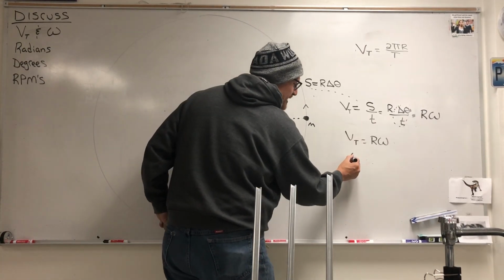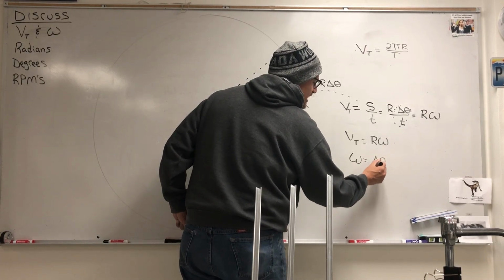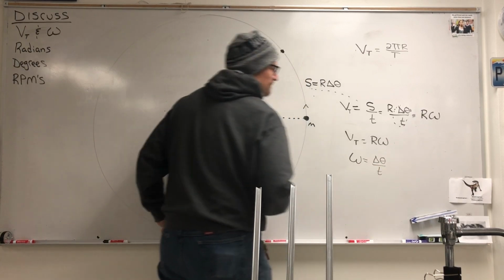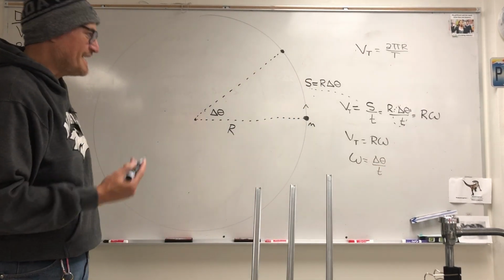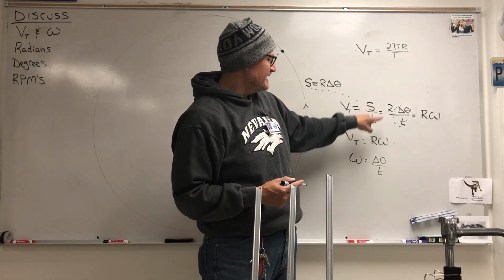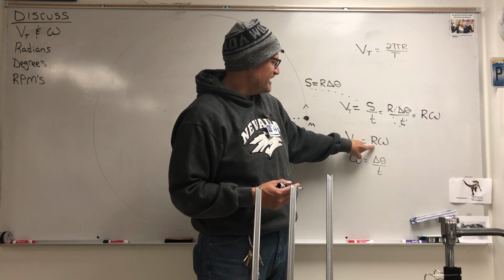Omega means the rate at which theta is changing with respect to time t. So omega is constant, but the radius can change.